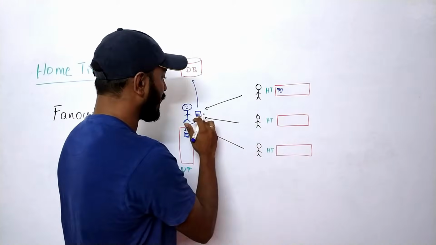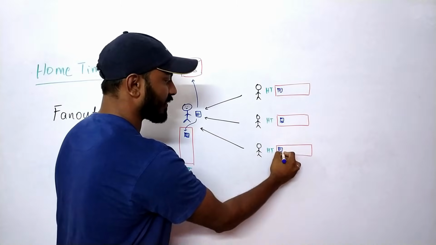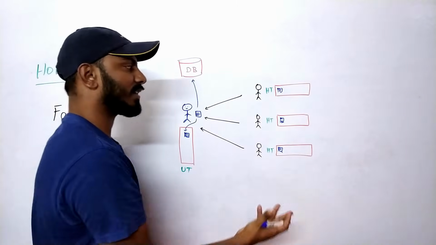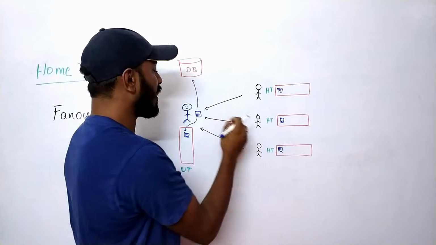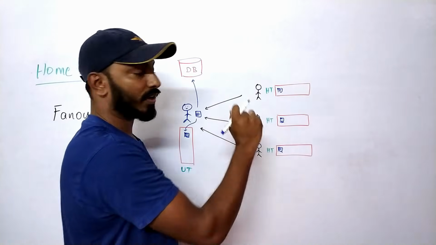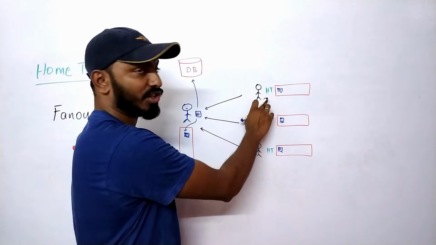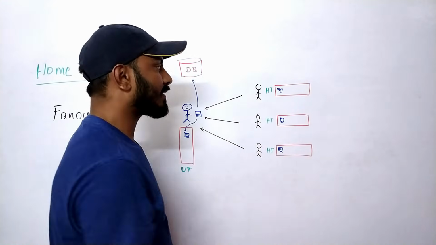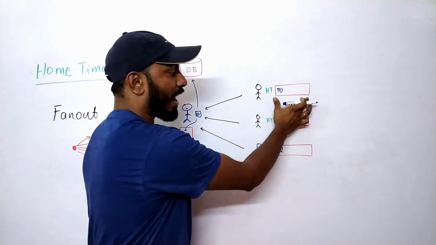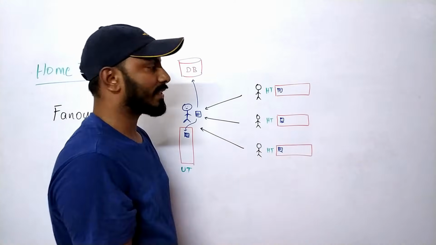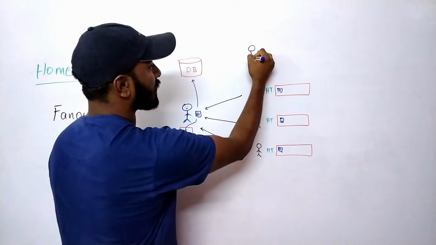The entry has been added here, and to this user also, and this one's. This is all a Redis entry, a Redis array or Redis list. Now, whenever this user visits his home page or home timeline, he just needs to get the data from this cache. This array in Redis doesn't contain just one user's tweets.